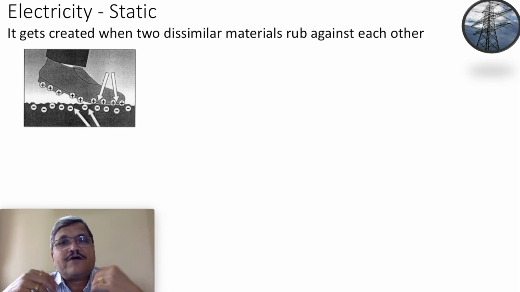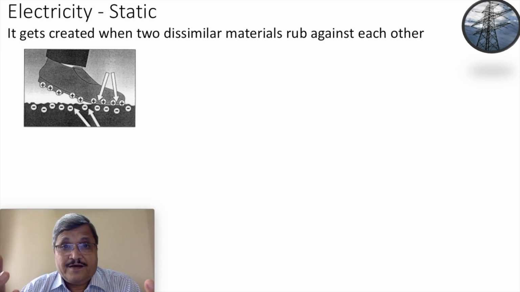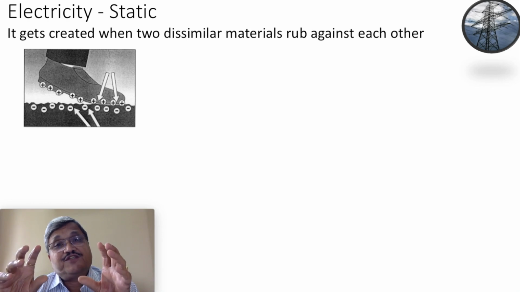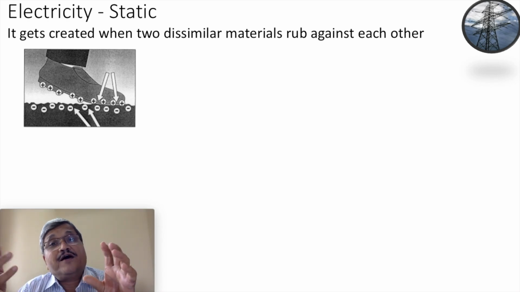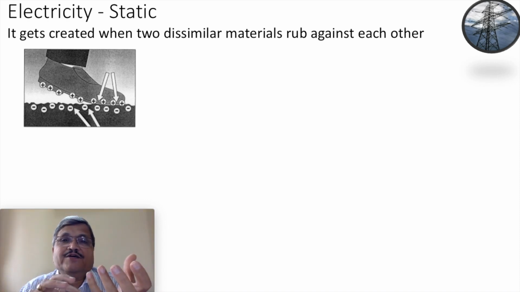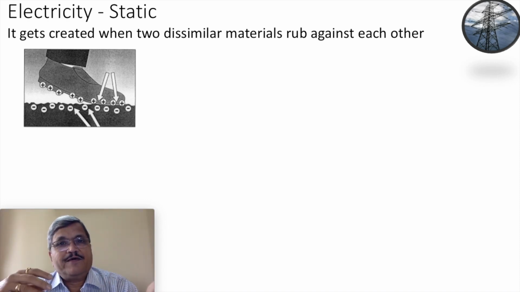So when a substance gives away its electrons, it becomes positive, because otherwise it was neutral. Now it has given away a few electrons, so it becomes positive, and wherever the electrons have gone becomes negative.